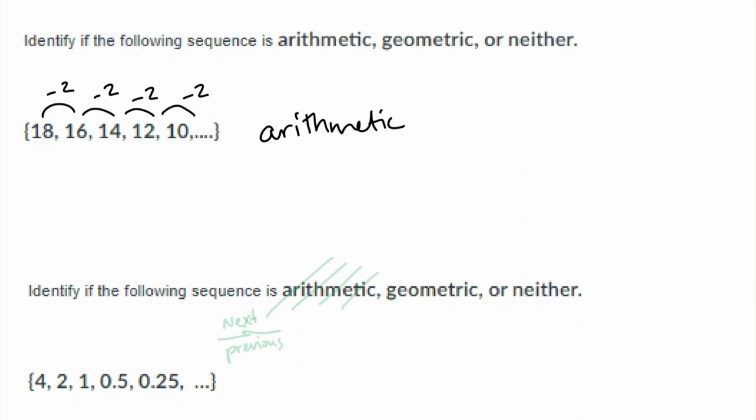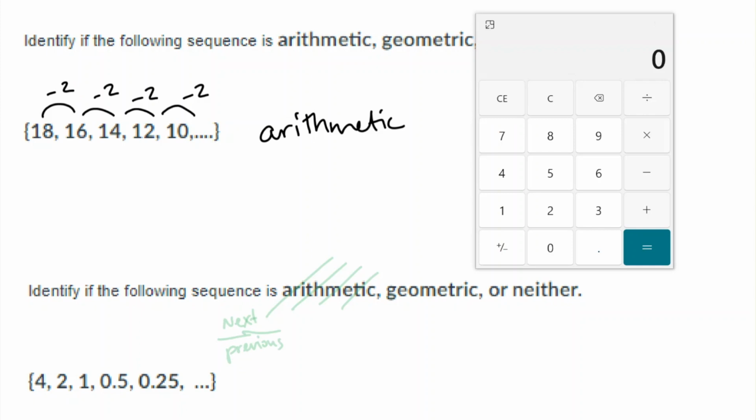So let's check that. So the next one is 2. 2 divided by 4 gives me a factor of 1/2. Let's see if that's consistent. So the next one, we've got 2 to 4 is divided by 2 or multiplied by 1/2, whichever way you want to think about it.